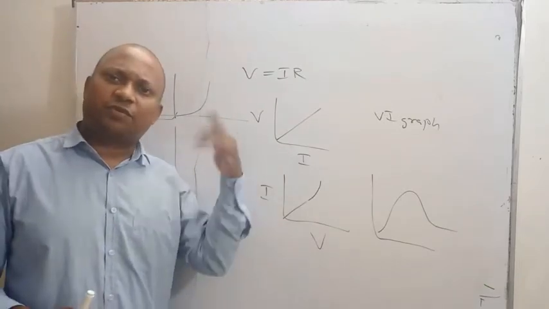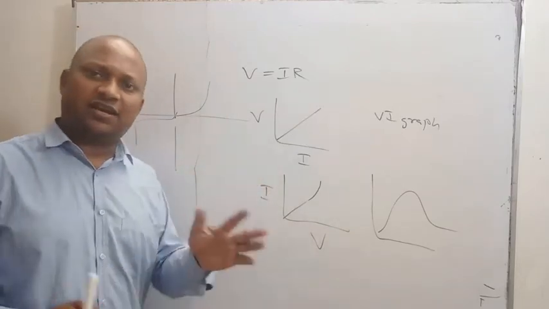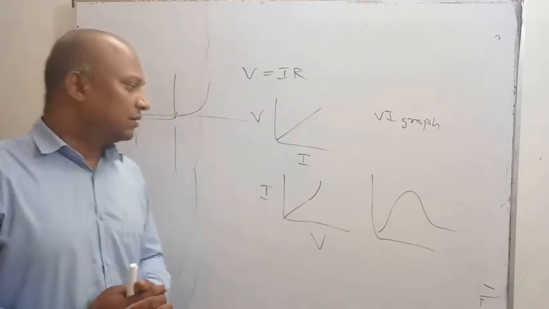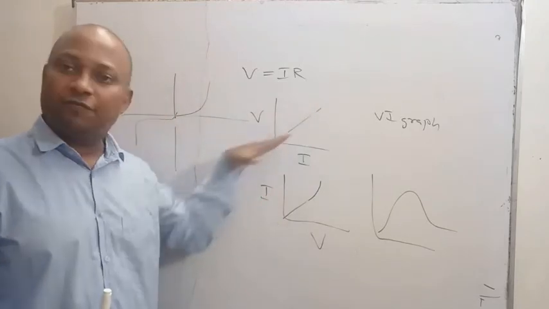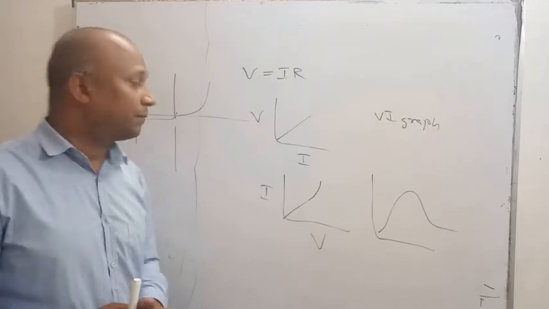This will be dealt with mainly in chapter 14, but one of the limitations of Ohm's law is this: for a semiconductor, Ohm's law is not so valid, because it is far from the VI graph for a normal conductor.